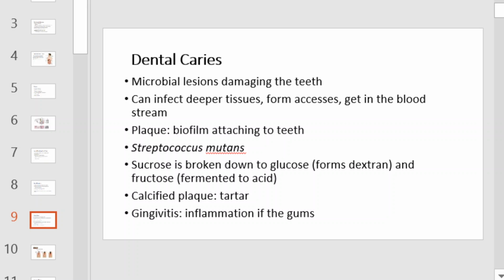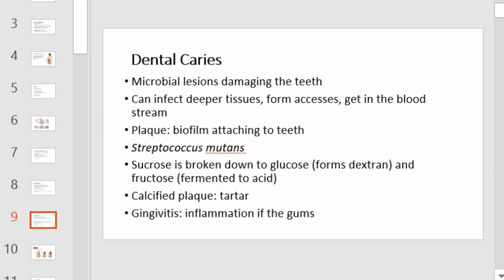Dental caries, or cavities. These are microbial lesions that damage your teeth. They can infect deeper tissues, form abscesses, and get into the bloodstream. Plaque is often associated with tooth damage, which is a biofilm that attaches to the teeth.